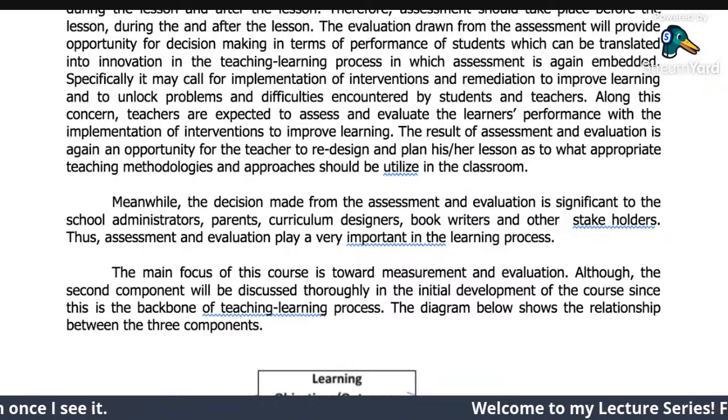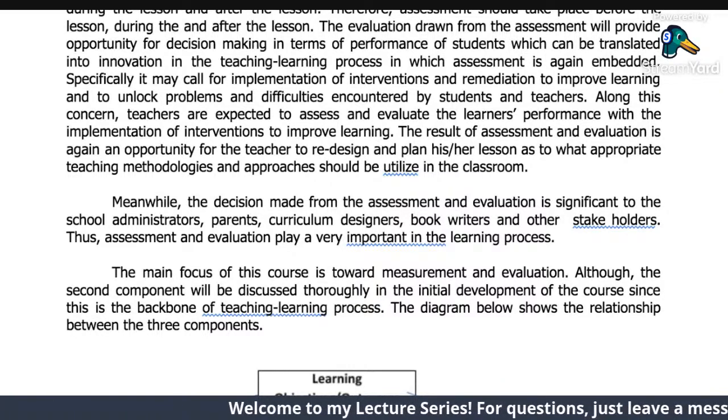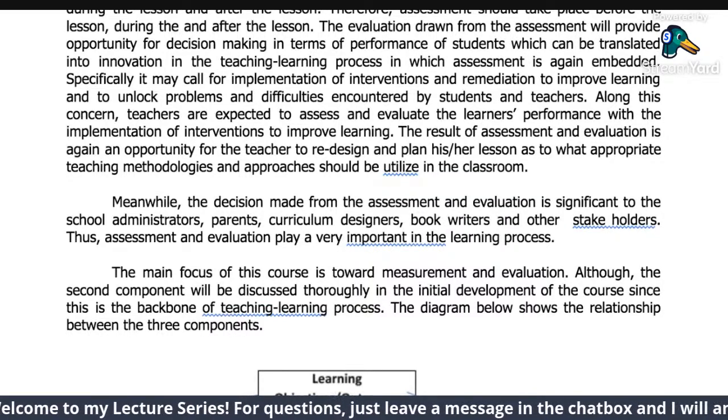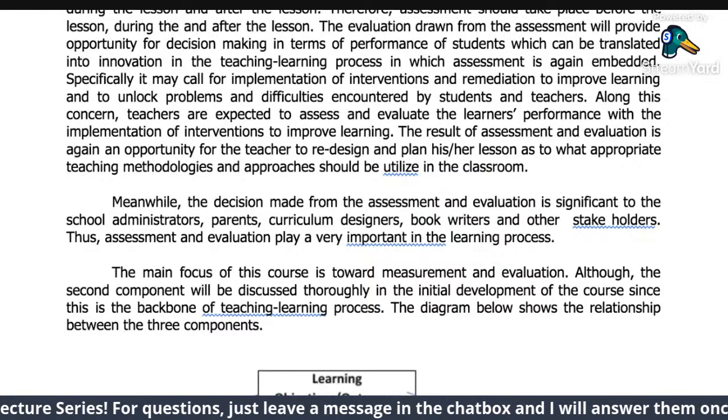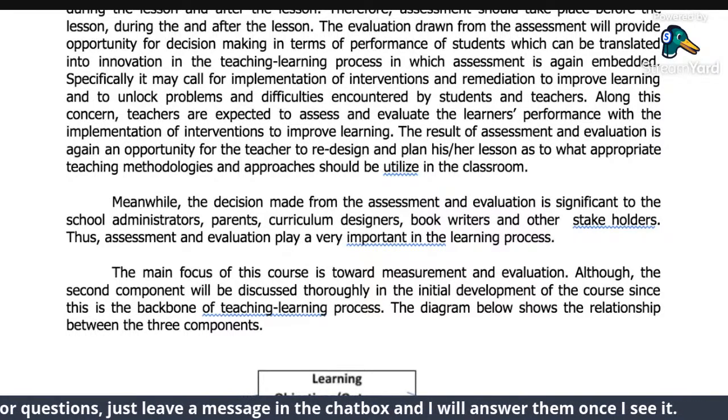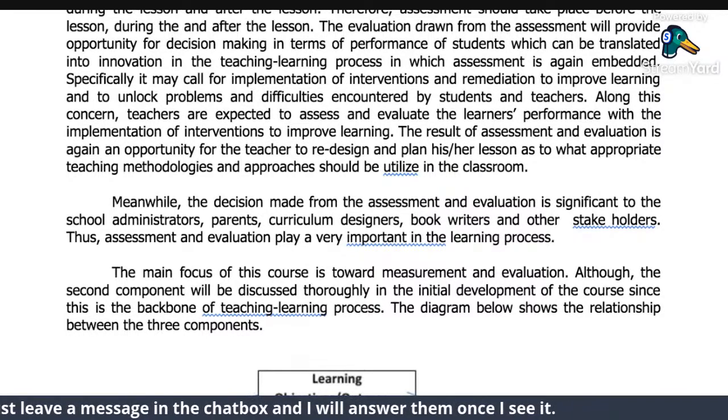Okay? O pwedeng hindi klaro magsalita yung teacher. Okay? Or pwedeng hindi kasi conducive yung classroom, mainit, kaya yung mga estudyante natin, hindi sila masyadong nakikinig. And all those things will be considered in evaluation.